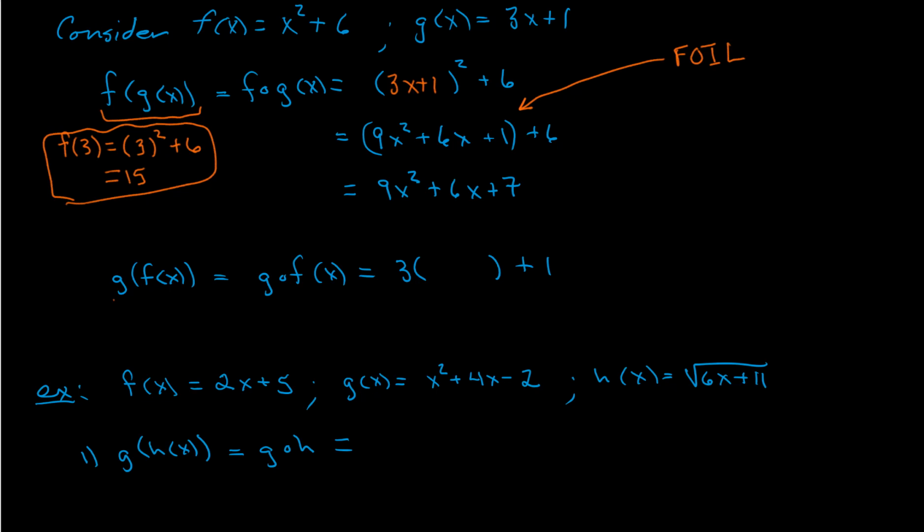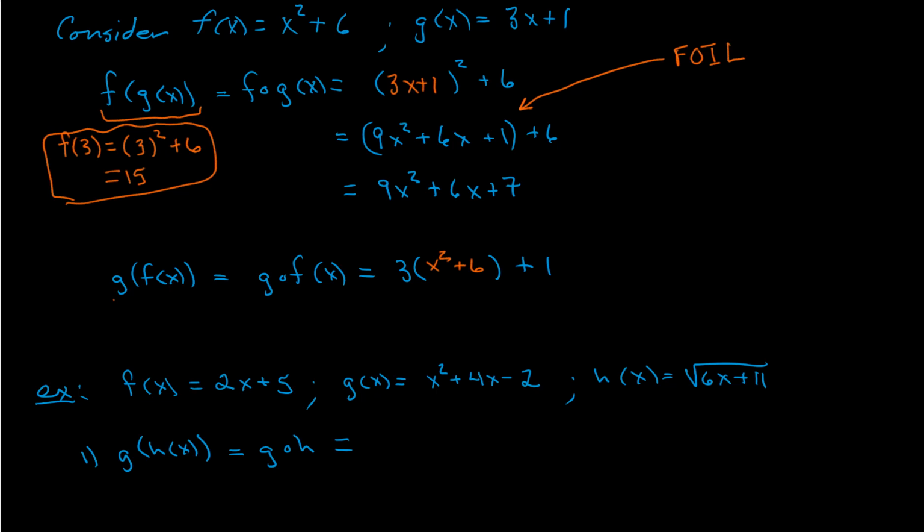In either case, what this is saying is first copy down the function g. Well, that's 3x plus 1. And where the x would go in the equation, I put a set of open parentheses. And inside of those parentheses, I'm going to substitute whatever f of x is. Well, that's x squared plus 6.